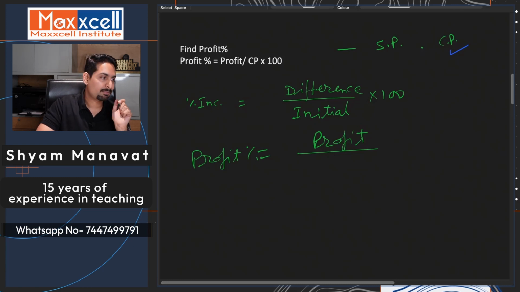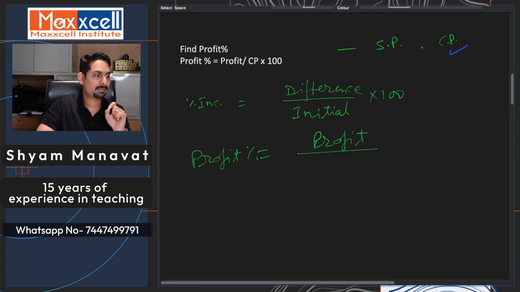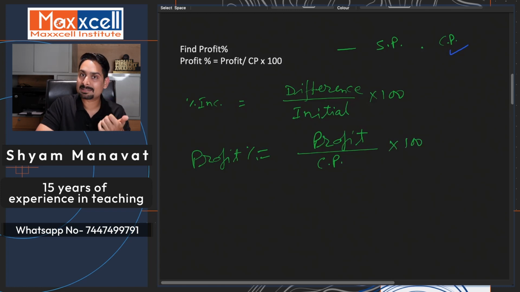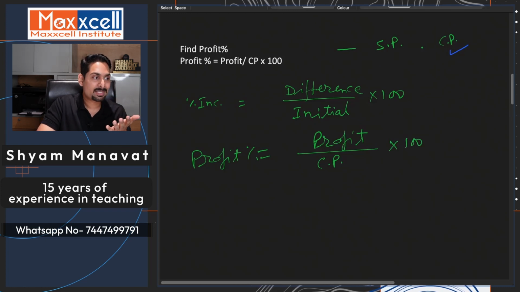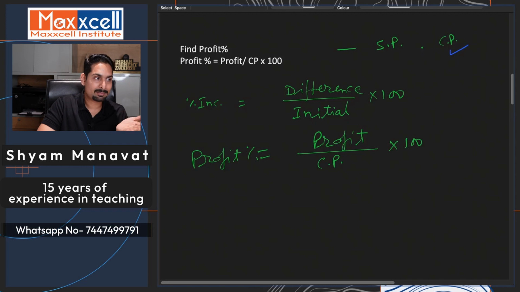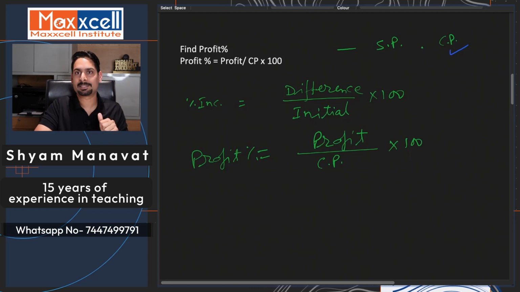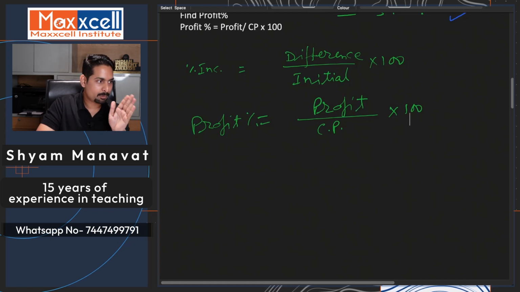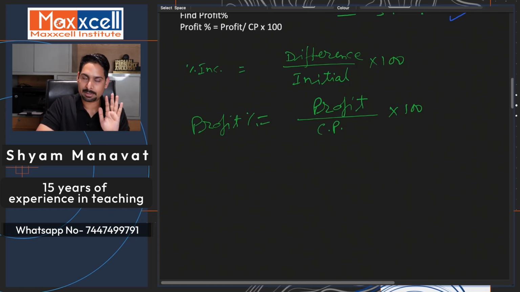That's why when we calculate profit percentage, the formula becomes profit upon cost price into 100. Remember, when you calculate percentage, you always divide by the base value or initial value. In this trade, between selling price and cost price, cost price is the initial value. I hope that's clear. Let me repeat: profit percentage is profit on cost price into 100.